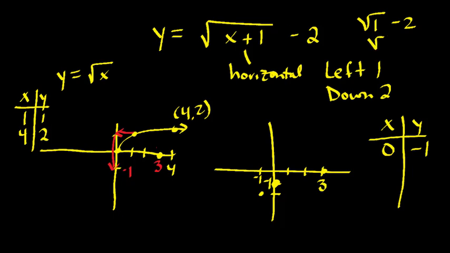So we'll get square root of 0 minus 2, which is negative 2, and that's the point negative 1, negative 2 down here. And then when x is 3, we get 3 plus 1 under the square root. Square root 4 is 2, and 2 minus 2 is 0. So that's this point. So these 3 points check out, and there's a rough sketch of our transformed function.